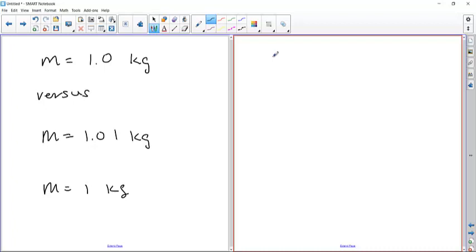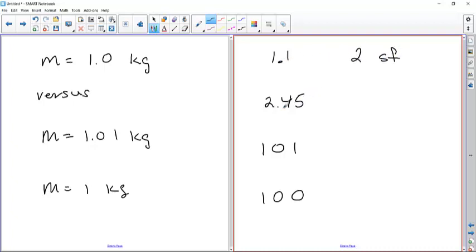So let's just write a few numbers out and talk about how many significant figures there are with each number. Okay, so let's start off here. So this has 2 significant figures. Now the number of significant figures is not always the number of digits that are shown. Okay, so this is 2, and I'm going to use SF for significant figures.